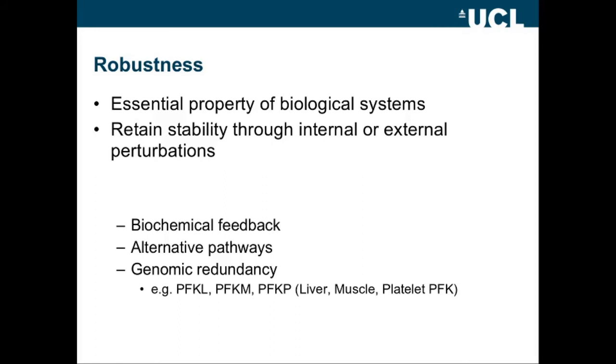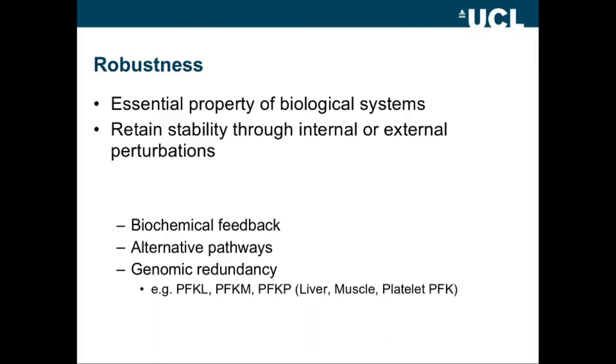In networks, we often have this concept of robustness, and of course this is an essential property of biological systems. We want to be able to retain stability in the metabolism of an organism despite internal or external perturbations. So we have things like biochemical feedback, alternative pathways, and genomic redundancy.